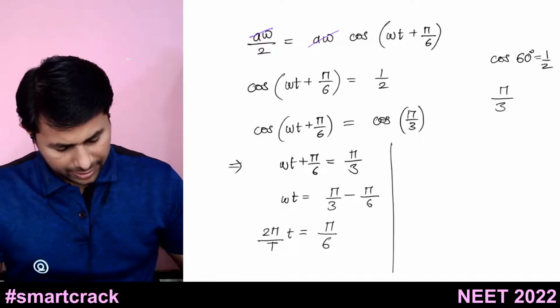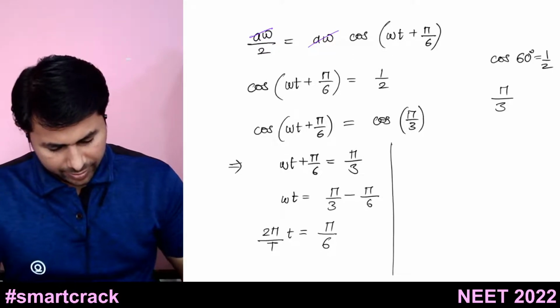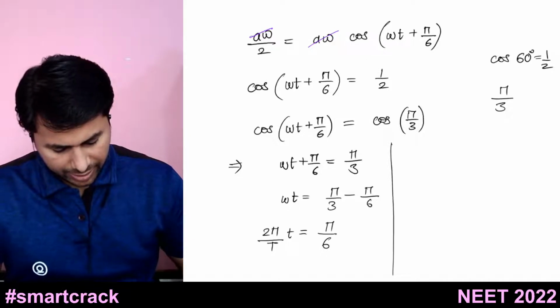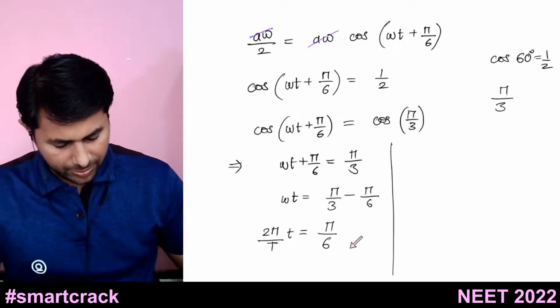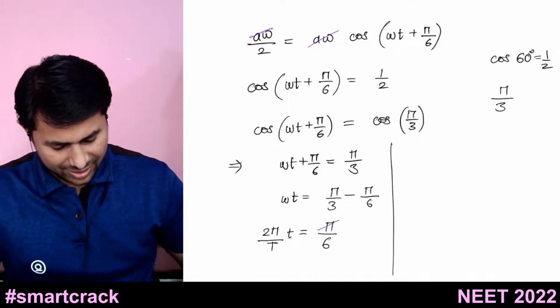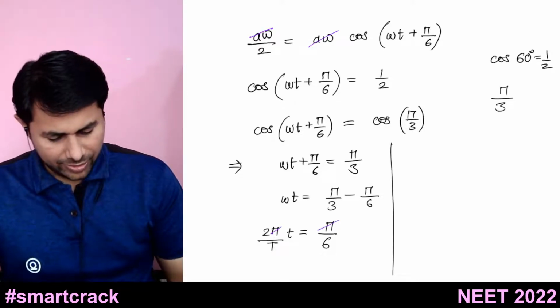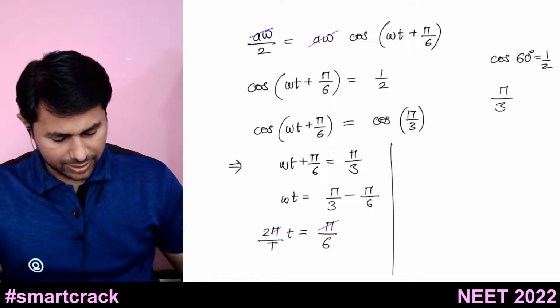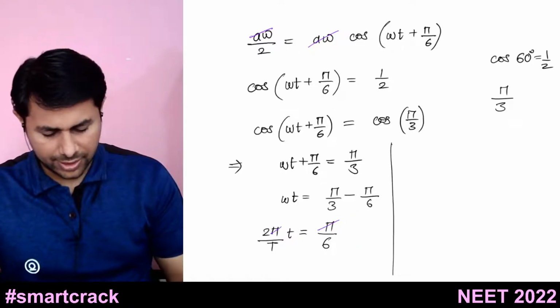Then we can move this T and 2 pi to the other side. Before that, we can cancel out pi. So pi gets cancelled out. We move T and 2 to the other side: T goes in the numerator, 2 goes in the denominator.